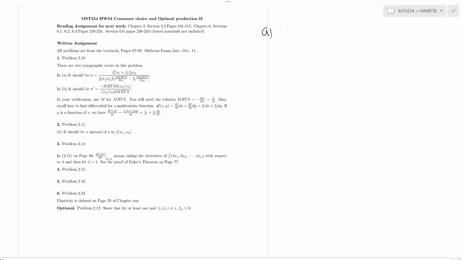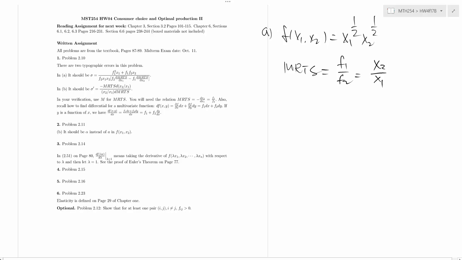Problem A, we have this function. We have f of x1, x2 is equal to x1 to the 1/2 and x2 to the 1/2. So by some simple calculation, we will find that MRTS, after taking partial derivatives, we know it's f1 over f2, and this can be simplified to x2 over x1.